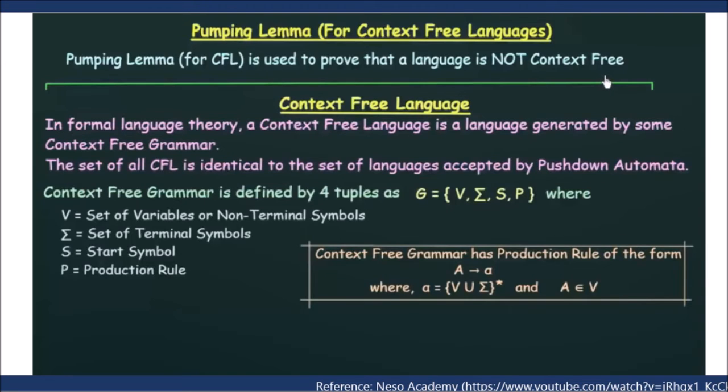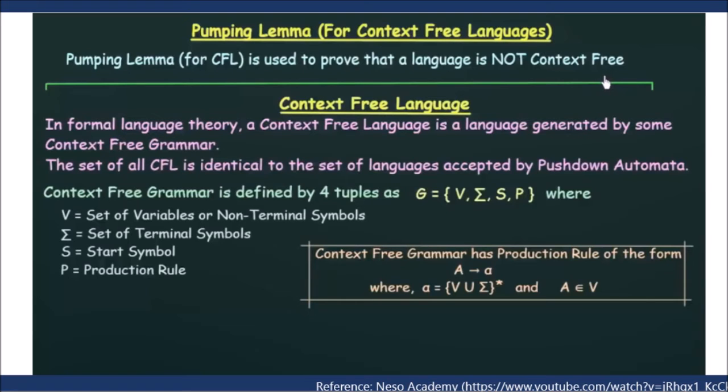If you have not watched that video and need to study it, you can watch it in this playlist. If you have already studied it, then the pumping lemma for context-free languages should not be a difficult topic for you, because it is almost similar to the pumping lemma for regular languages, but yes, there are a few differences.